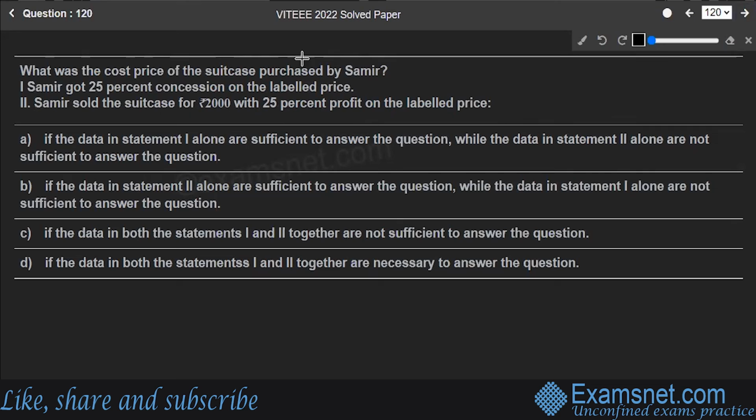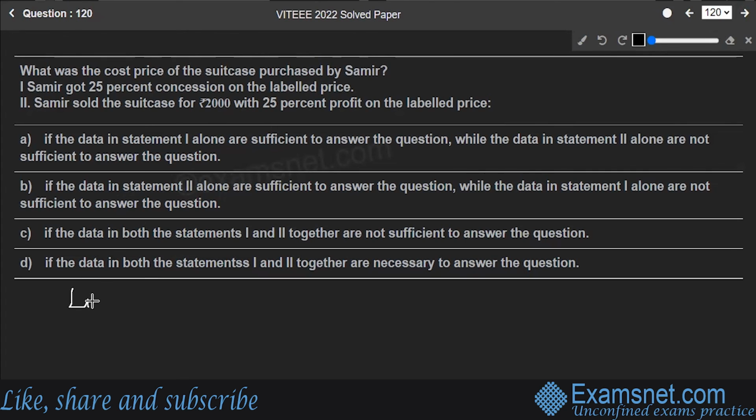What was the cost price of the suitcase purchased by Sameer? Sameer got 25% concession on the labeled price. Sameer sold the suitcase for 2,000 rupees with 25% profit on the labeled price. Okay. If I combine both the statements together, let's see, we are talking about the percentage over here.